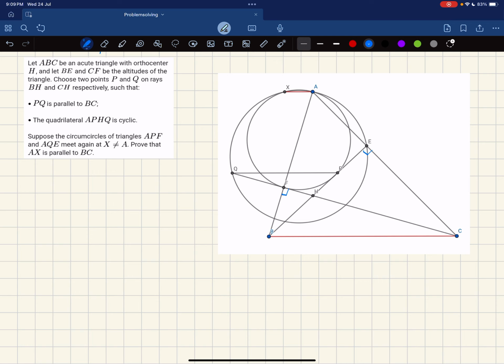So here there are two parallel lines, and the quadrilateral APHQ is cyclic. So what can we get if we connect these points? For example, AQ and AH.